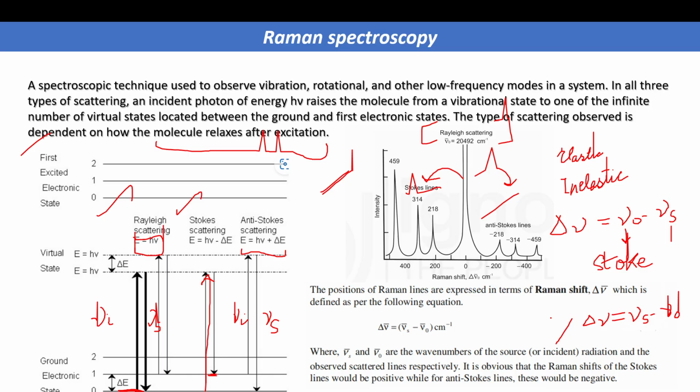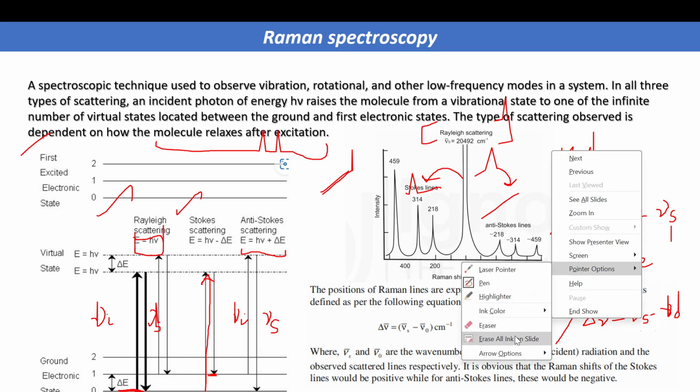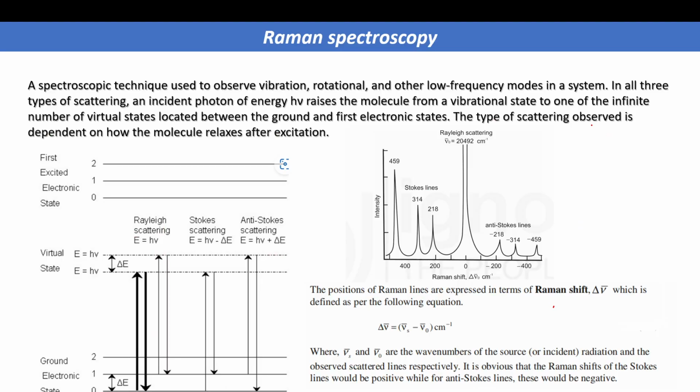So this is the anti-Stokes line. These two you have to remember.